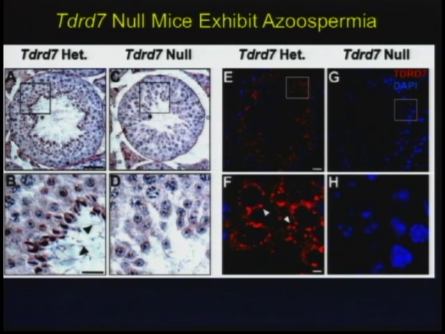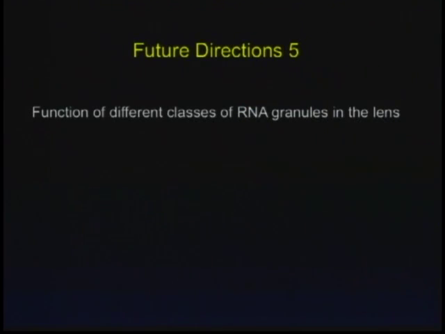We have some evidence that these chromatid bodies are also not normal, but we are gaining more evidence to show that by staining of other granule components, that these granules are definitely defective in these Tdrd7 null testes. So this is an area that we'll start looking into.